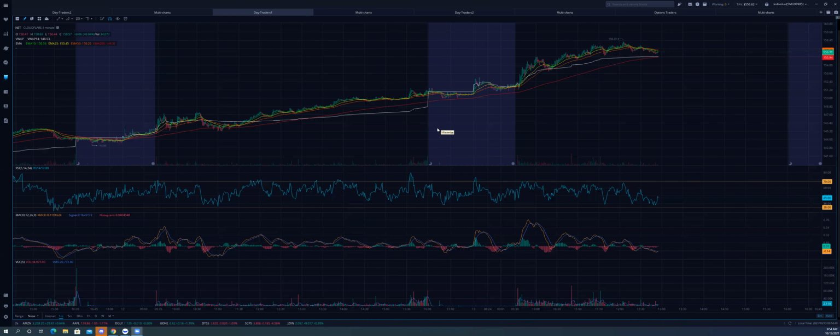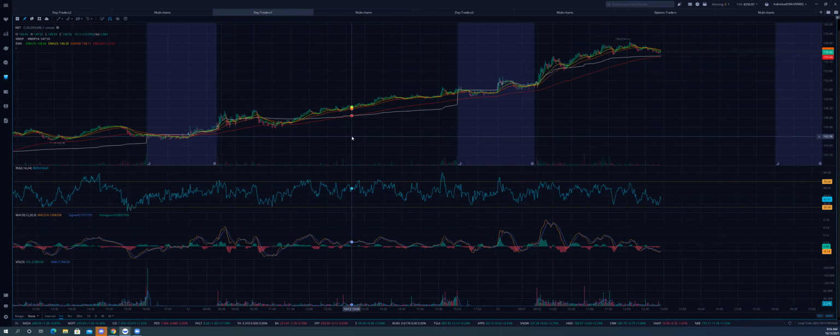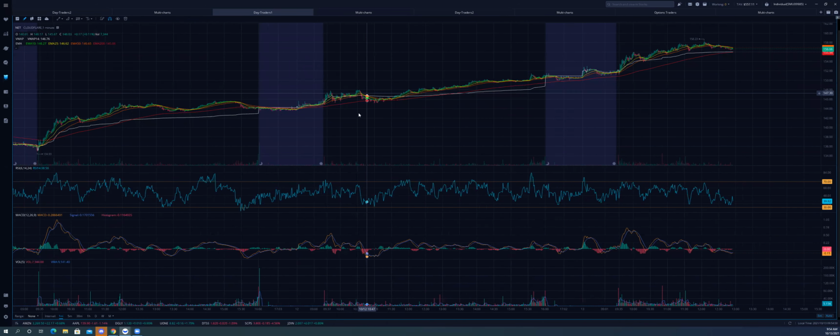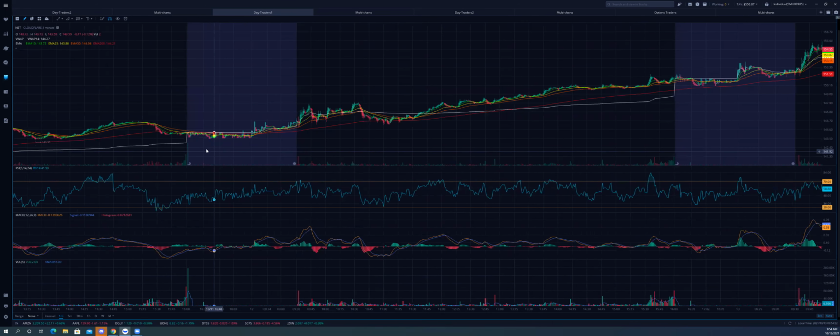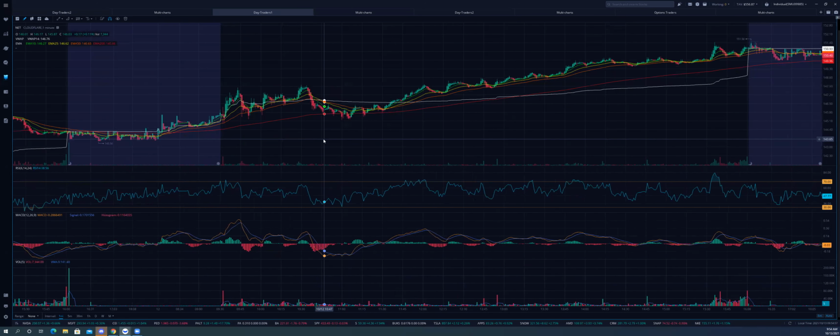So let's take a look at NET yesterday, right around this 150 area. Where did we get in again? Let's see, market close. Trying to find that bull flag that we got in on.